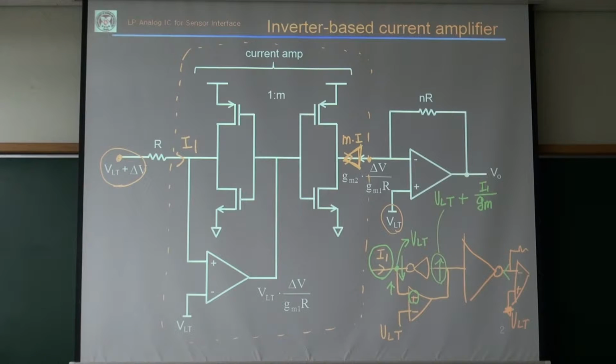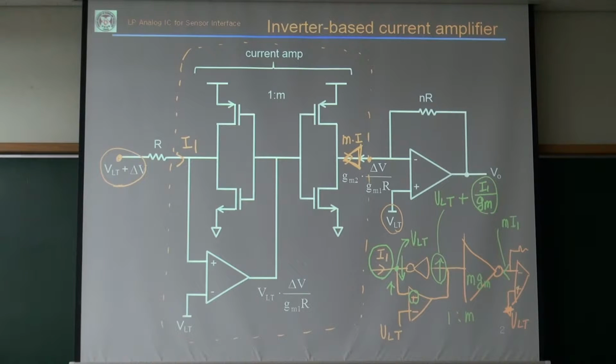See, gate voltage increases, NMOS current increases, sinking current increases. The sourcing PMOS current is reduced, right? So current flows in. This conductance is M times GM, so it is multiplied by M GM. M times I1 current flows in.